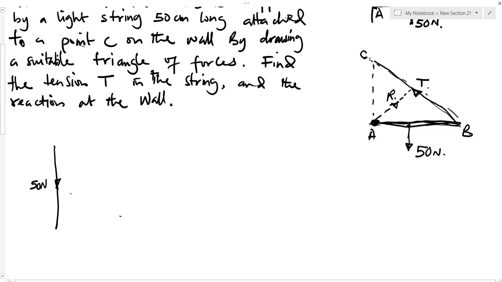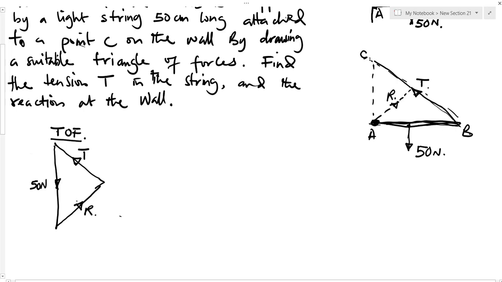Now, we have the reaction, which is R, in this direction. You now have the tension in this direction. Now, this is a triangle of force. So this is the triangle of force that we require.